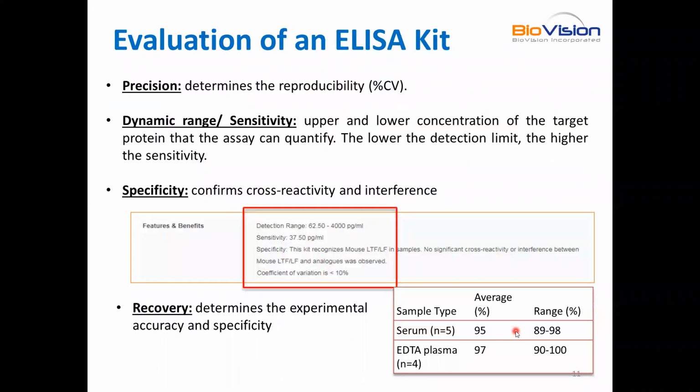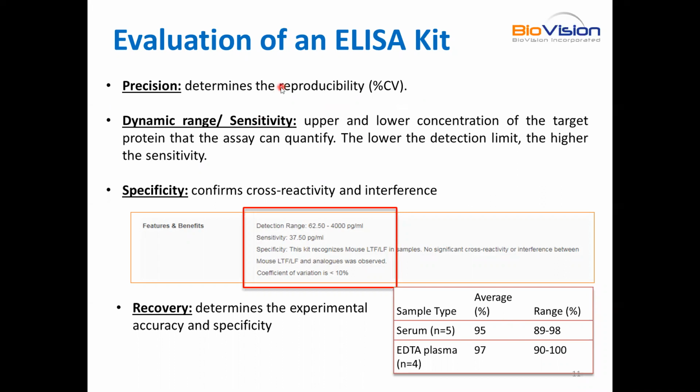Okay. So the next parameter to evaluate an ELISA kit is precision. Precision determines the reproducibility of the assay.